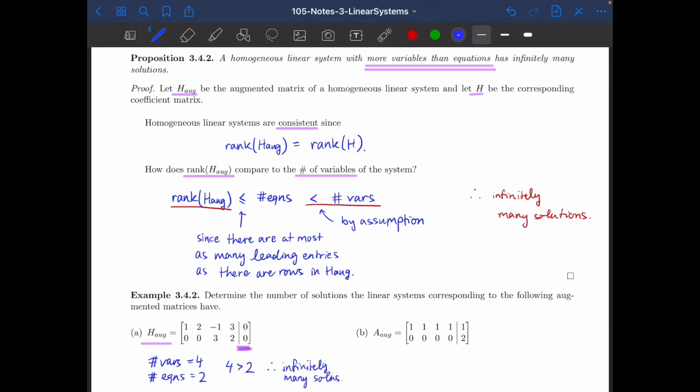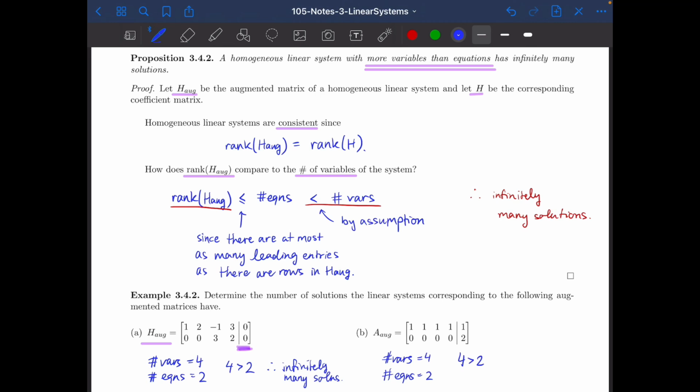Now let's look at part B, and let's again find the number of variables. The number of variables is again 4, and the number of equations is again 2. But can we make the same conclusion? Can we say that 4 is greater than 2 and conclude that the corresponding linear system has infinitely many solutions?